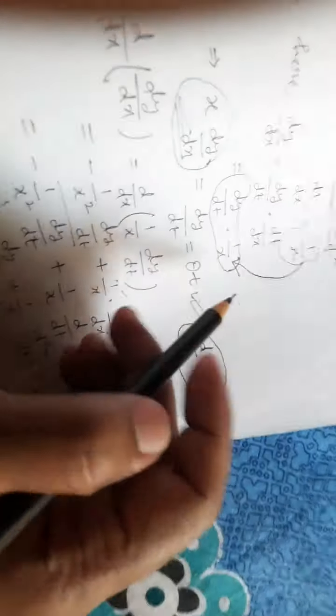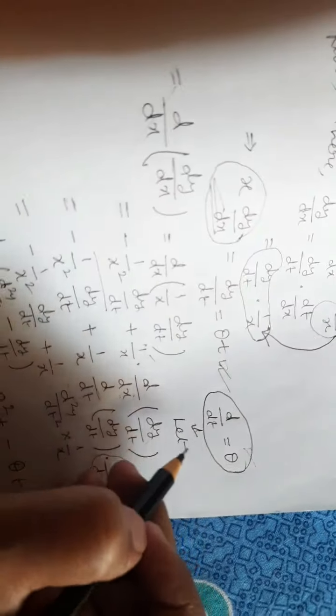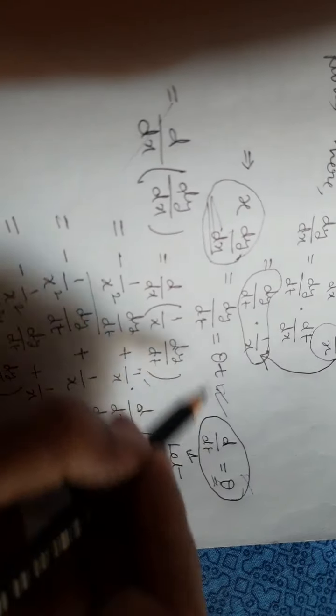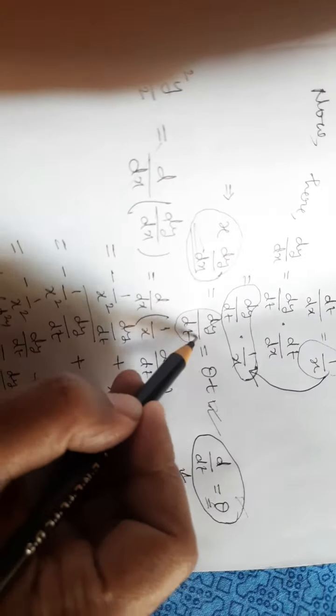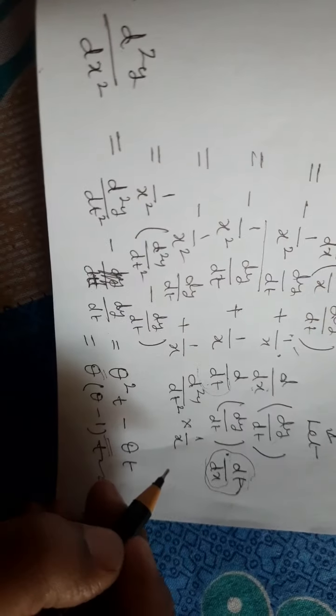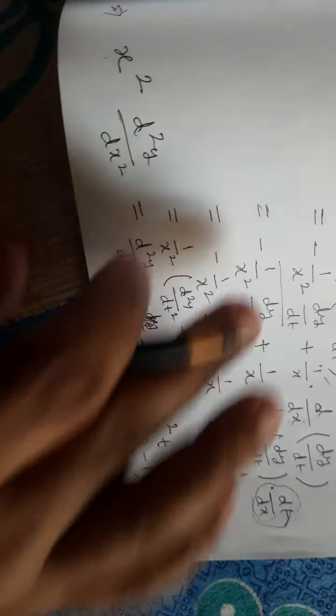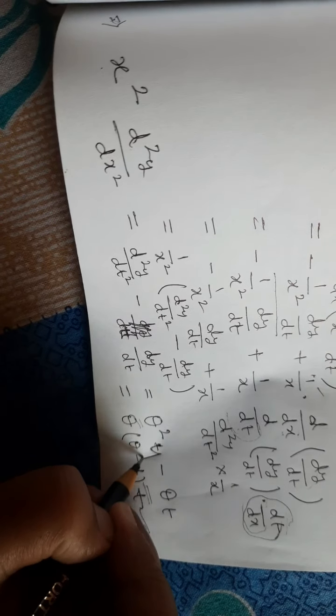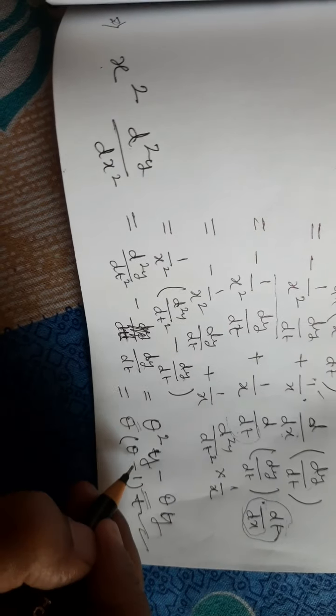We can go back to the previous page, where we took d by dt equals theta. Here is y, so it is also theta y, and here it is theta into theta minus 1 into y.